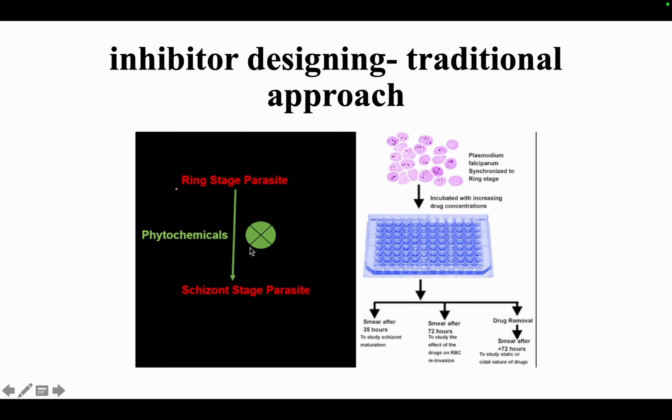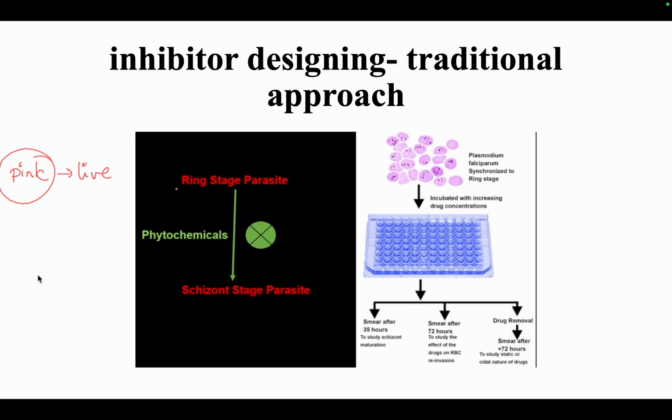So if there is inhibition, all the infected RBCs will remain at the ring stage. So this is what we are seeing: if they remain at the ring stage, mostly they will be pink and they will be live, so we can stain them using different dyes, and they will look pink, which signifies life.